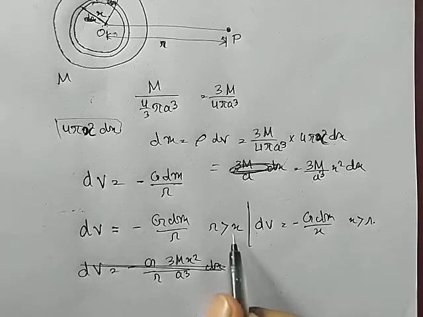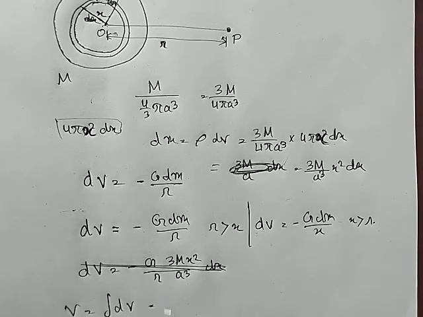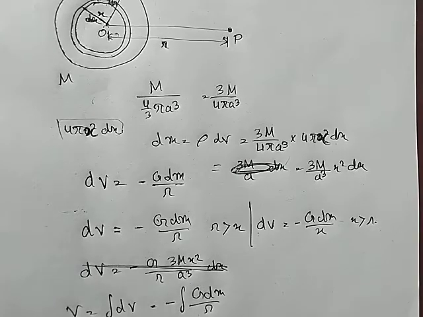If r is greater than x, we can just do V equal to integration of dV, that becomes integration of G dm by r, so minus G by r integration of dm, that becomes minus GM by r.